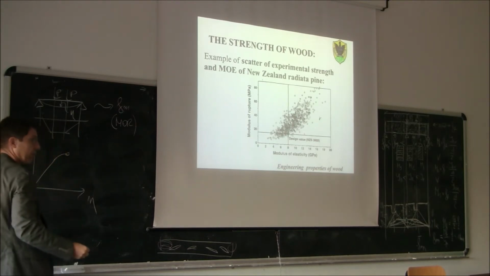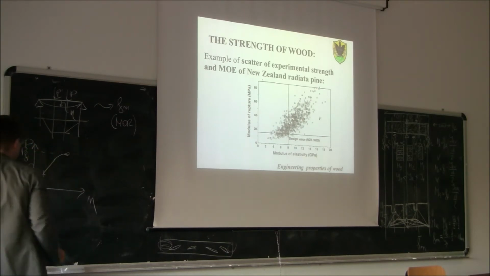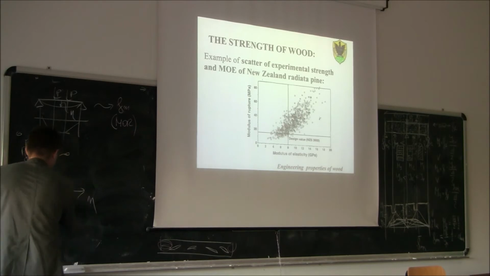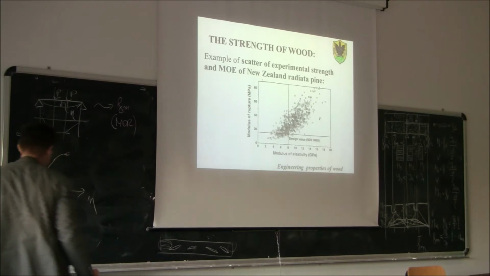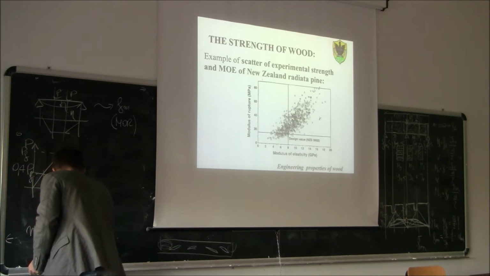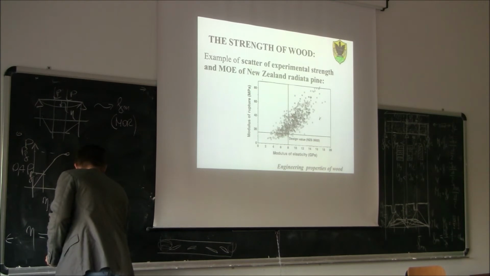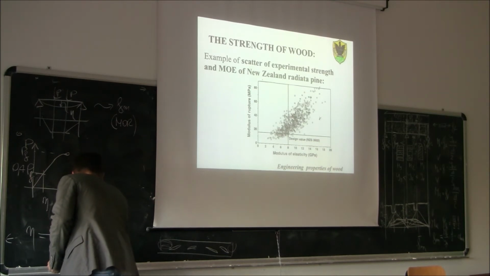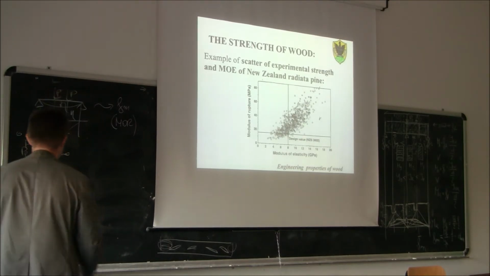So for a load which is not too high, for example 0.4 of the failure load, P_F, let's call it 40% of the failure load, you measure the deflection, let's call it eta. Then you know that from the elasticity theory, you can find a relationship like eta equal to a constant times P times L cubed divided by EJ. So P would be the load, 0.4 P_F, for example.